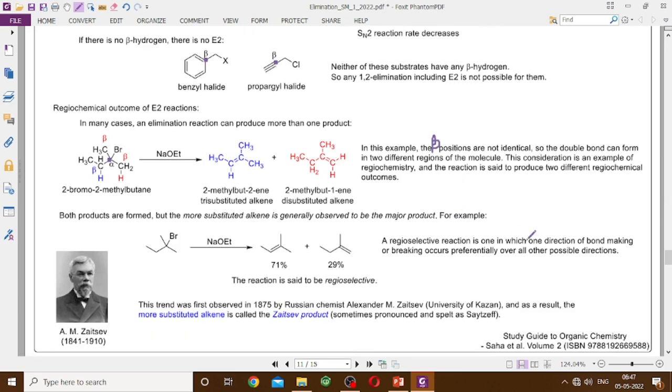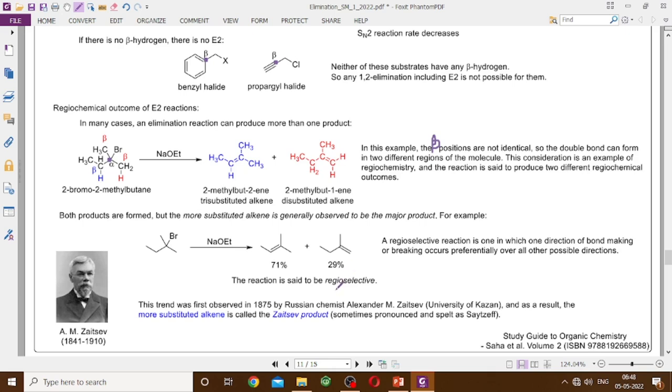Now this harkens back to a very old rule in organic chemistry, which is যে এই ধরনের সিস্টেমের জন্য যদি আমরা সোডিয়াম ইথক্সাইড বা এই ধরনের কোনো বেস দিয়ে ট্রিট করি, then I will get the reaction where 2 different products are being formed. The more substituted alkene dominates the reaction mixture. 71% 2-methyl 2-butene তৈরি হচ্ছে, the trisubstituted alkene, only 30% is for the disubstituted alkene.